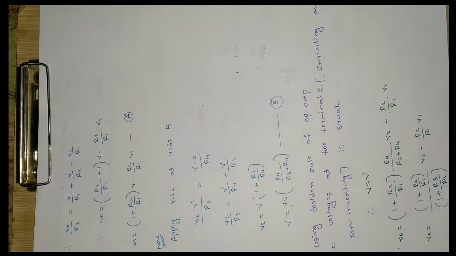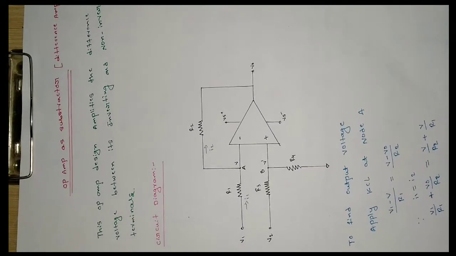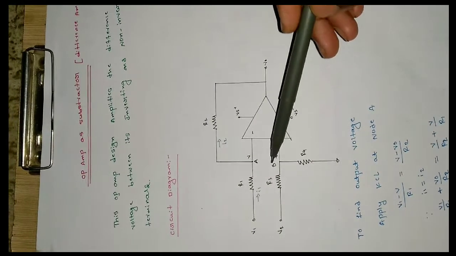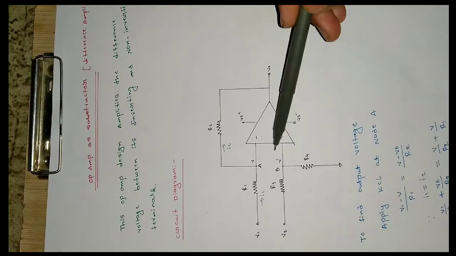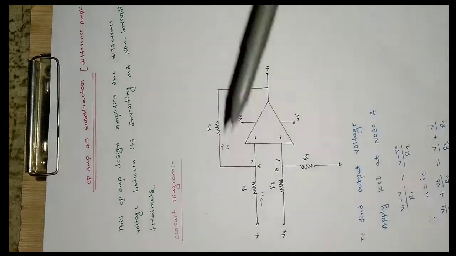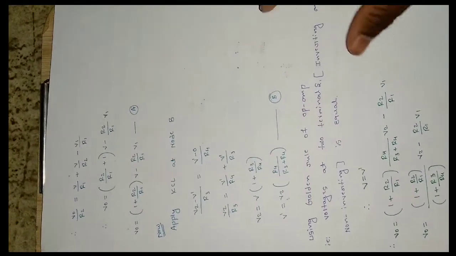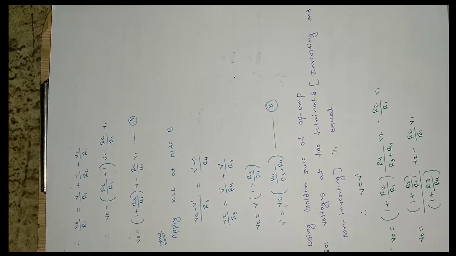Then apply KCL at node B. Here the current entering will be equal to the current leaving to the ground portion, because no current will flow into the op amp. So what I can write is (V2 minus V dash) divided by R3 will be equal to (V dash minus 0) by R4.